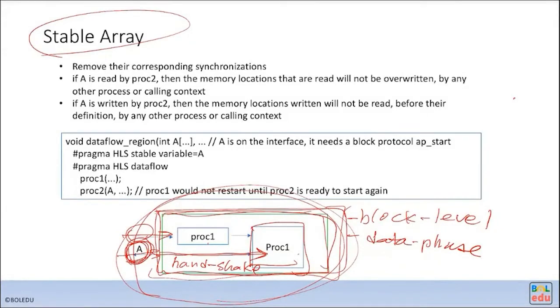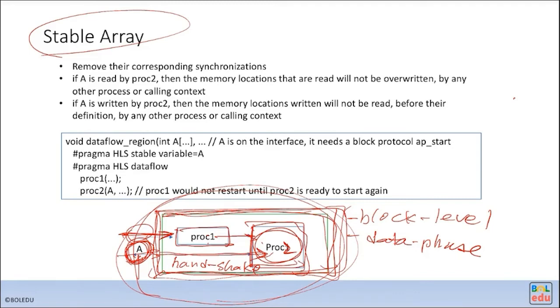For example, you start executing these functions, and you have the first input to process one. When the data flows to the second stage, you want to make sure A is still valid because it takes a certain latency to start process two here. Okay, so you want to make sure A is valid.